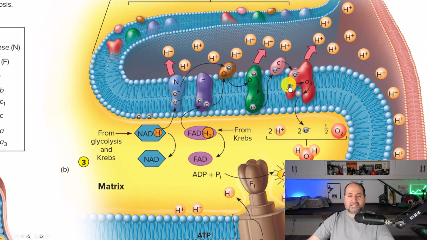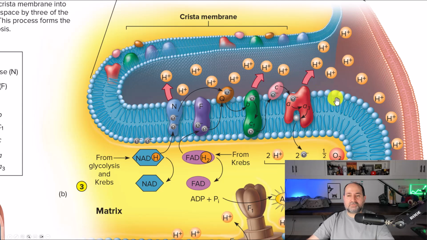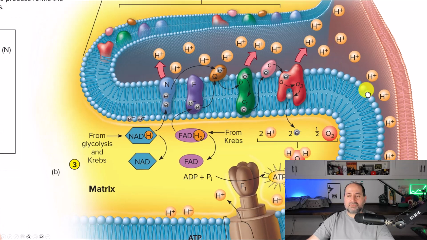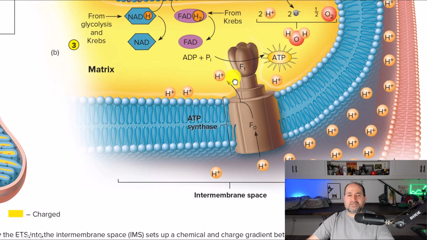When you power the electron transport chain with these electrons from glucose, the electron transport chain is then able to actively pump protons into this space here. Remember, this space between the inner membrane of the mitochondria and the outer membrane of the mitochondria is called the intermembrane space. That high proton concentration builds up, and then it wants to diffuse back into the matrix, right?